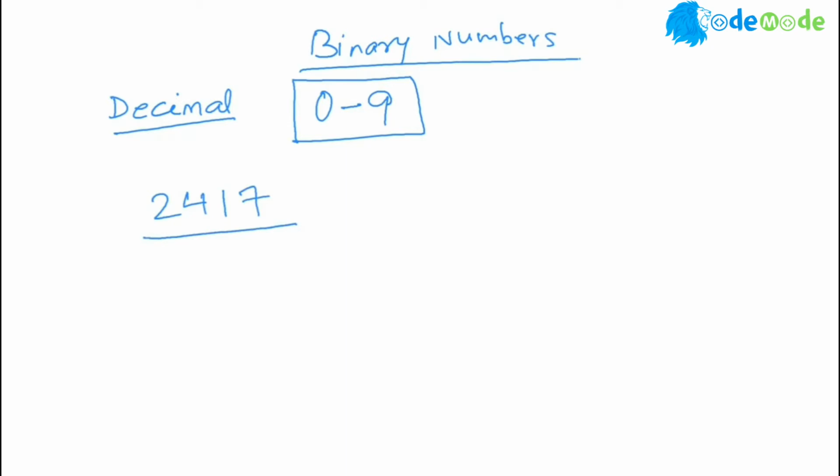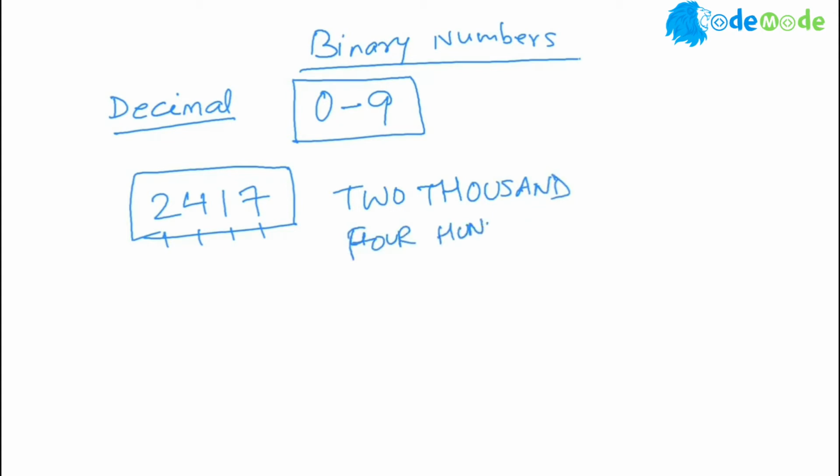That's because this number is made of 2, 4, 1, and 7. If you look carefully, the way we read it is we say 2000, 400, 17.